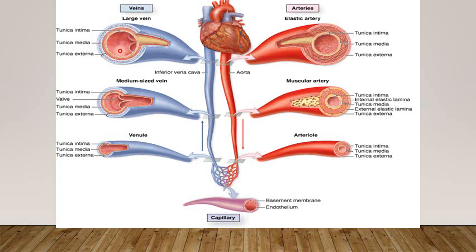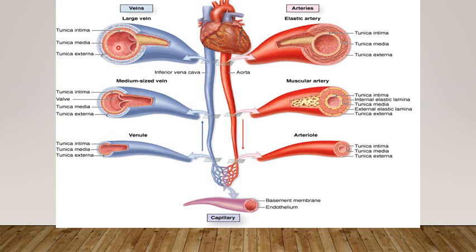The other differentiating structure in the vein is these pockets of endothelial lining with collagen tissue. These are pockets or flaps which are formed. These are the valves which allow the unidirectional flow of the blood in the veins. So these valves are present in the veins as well.